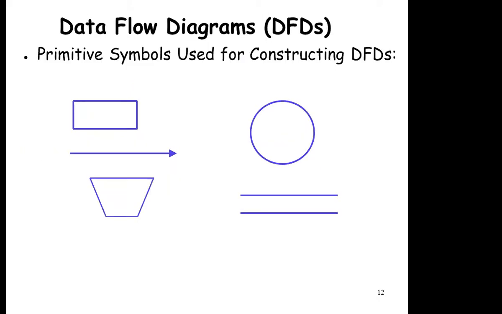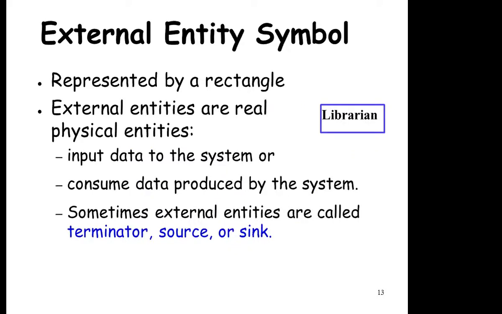So these are the primitive symbols which we have already covered. We will do each symbol one by one. Next, the external entity symbol. Suppose we have software for a library, so a librarian will use this software and interact with the whole library process. The external entity is not an entity of the system, but it uses and interacts with the system, and is represented with the help of the external entity symbol.